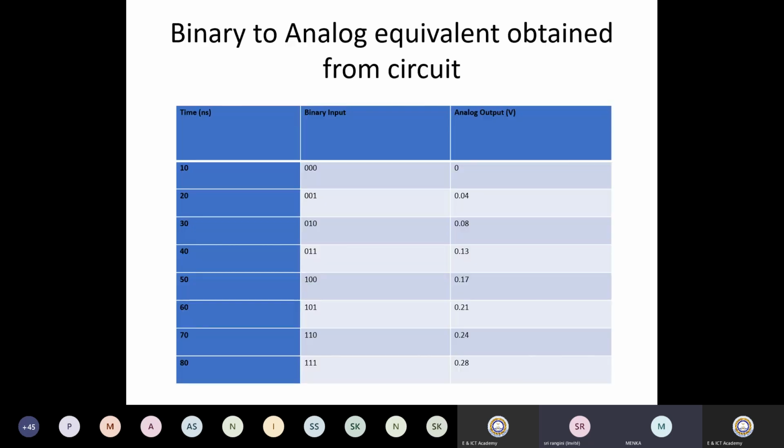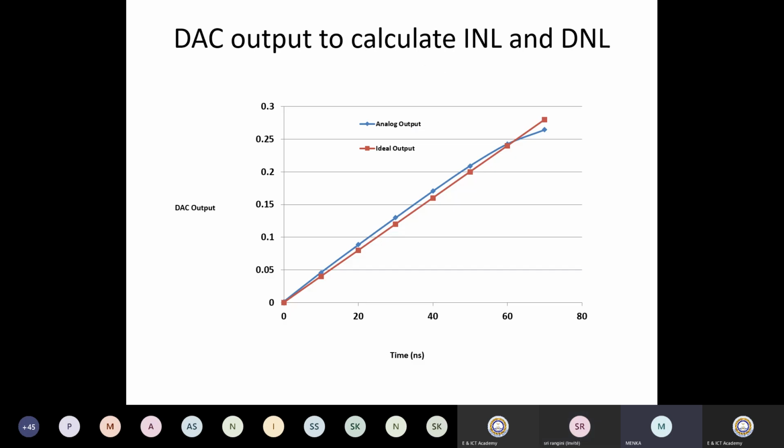Okay, so this is DAC, output to calculate INL and DNL. I have given this known idealities yesterday. I have given you as an assignment. So known idealities are actually the part of performance matrix of DACs and ADCs.